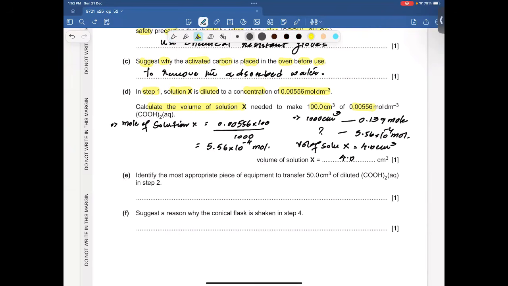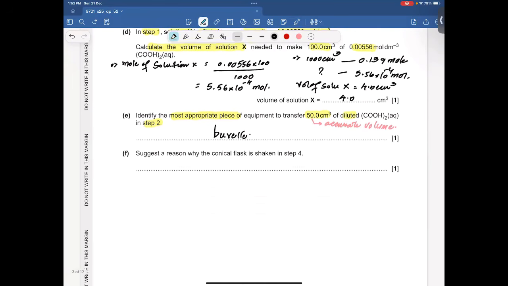Identify the most appropriate apparatus to transfer 50 cm cube of diluted solution in step 2. Since it is 50.0 cm cube, which means it is a very accurate volume. For accurate measurement, I'm going to use burette instead of measuring cylinder.